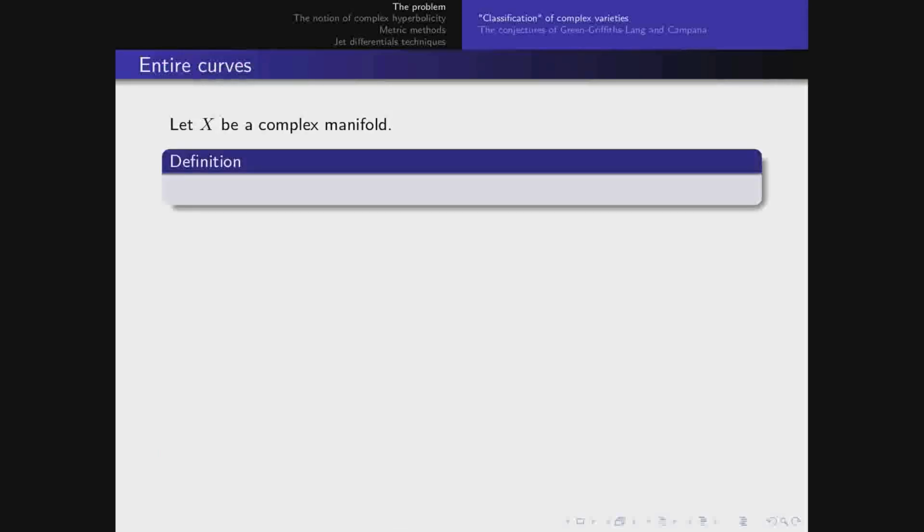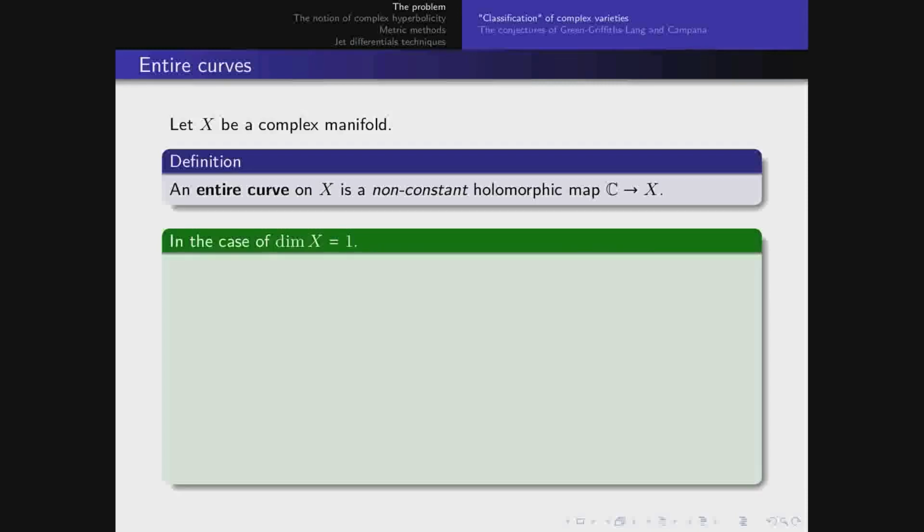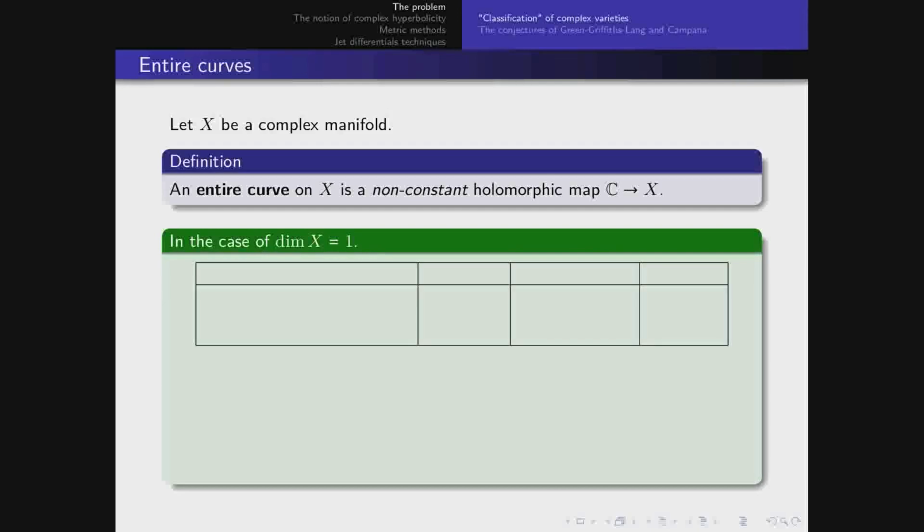So let me explain what an entire curve is. It's simply, if you are given a complex manifold, a non-constant holomorphic map from C to your variety. And so in the case of dimension 1, it's easy to study if there are entire curves in a given projective curve of a given genus.